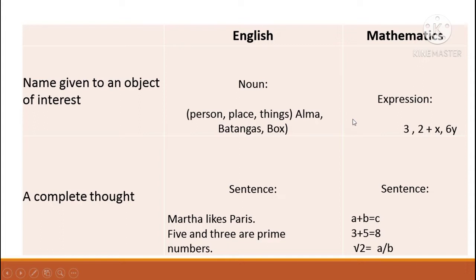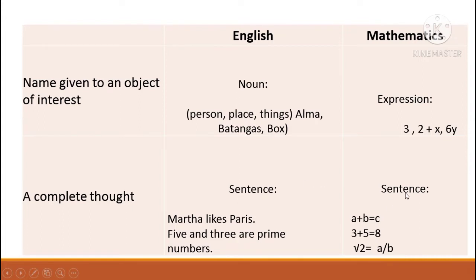And in mathematics, it is an expression. Mathematical expressions are 3, or 2 plus x, or 6y. Then, a complete thought is a sentence. Ito na yung magiging complete thoughts natin. We have: Martha likes Paris. Ito yung nagiging sentence natin. Then, 5 and 3 are prime numbers.